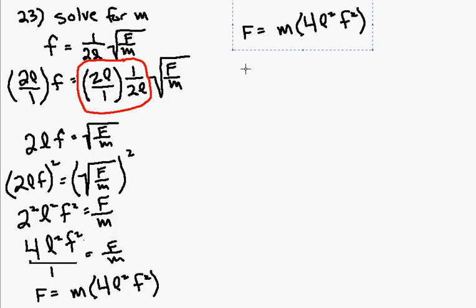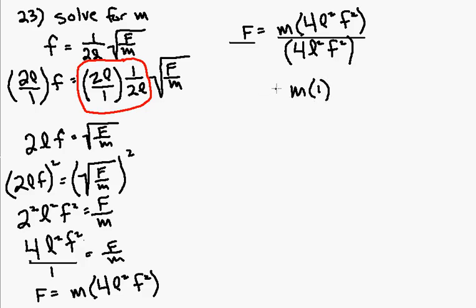So I'm going to take this expression right here, and I'm basically going to divide both sides of the equation by 4 L squared F squared. So I'm dividing this whole multipliers, all these factors, by these factors. Something divided by itself just becomes 1. So on the right we have M times 1.